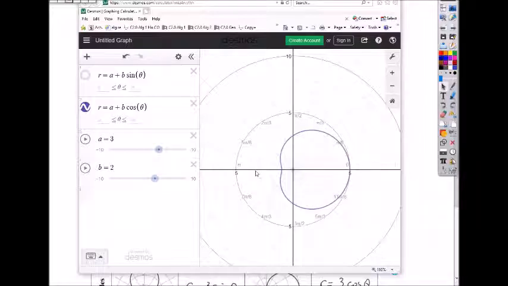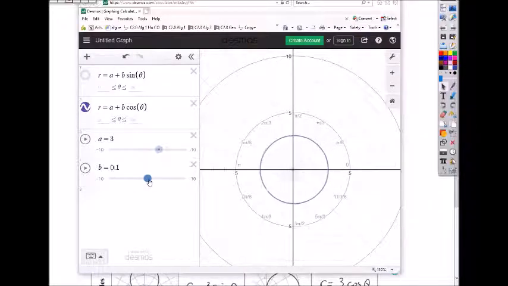So this one is called the dimple Limacon. And as you can see, if it gets smaller, then it's a cardioid. And before it becomes 2, it's dimple. But from 2 and greater, it becomes more like a circle, and we call that, before it becomes a circle, the convex Limacons, okay?